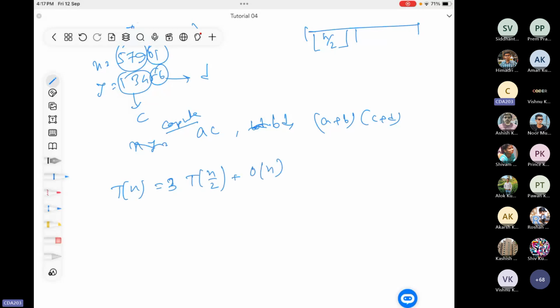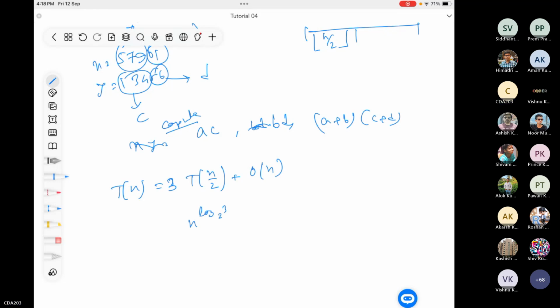Now if we apply the master method, or any method you know, even the basic one, this is a very simple recurrence, you will get something like n to the power log 3 base 2.